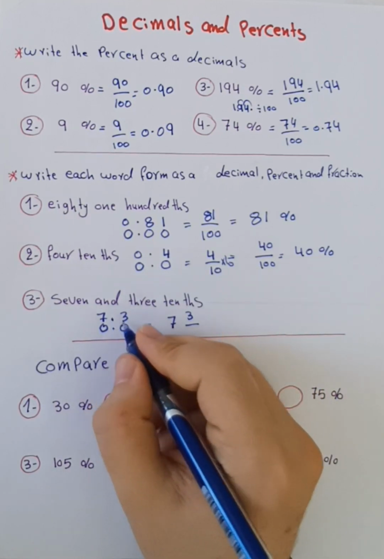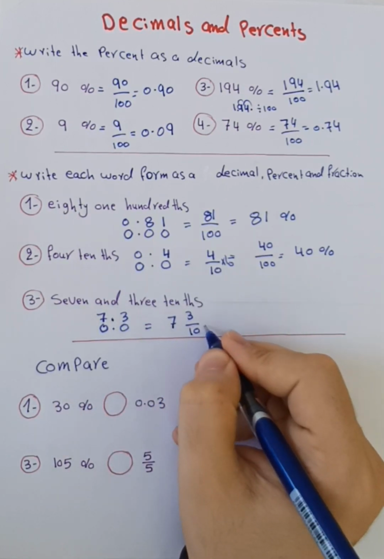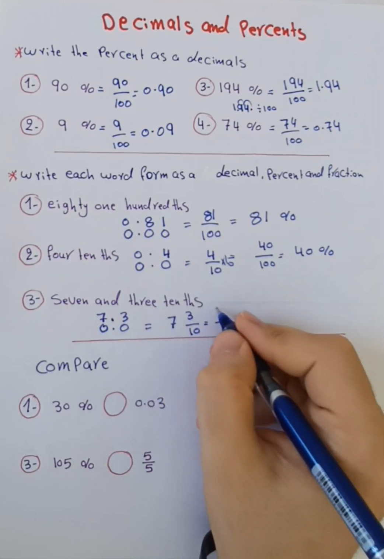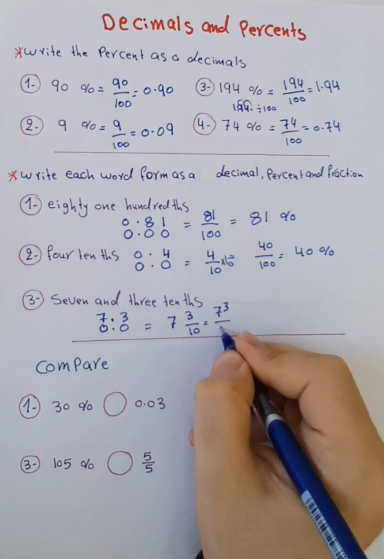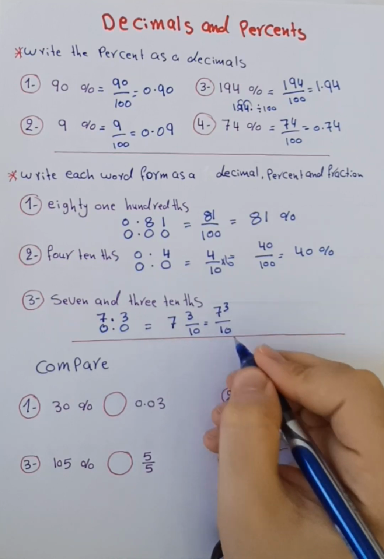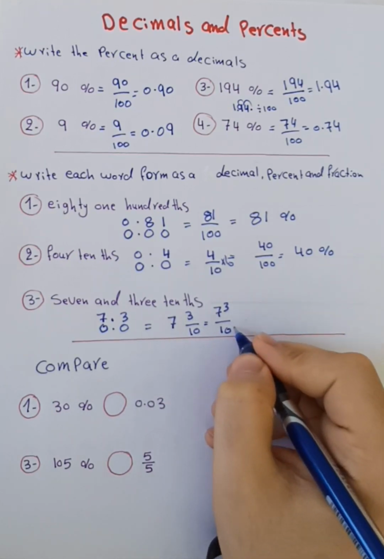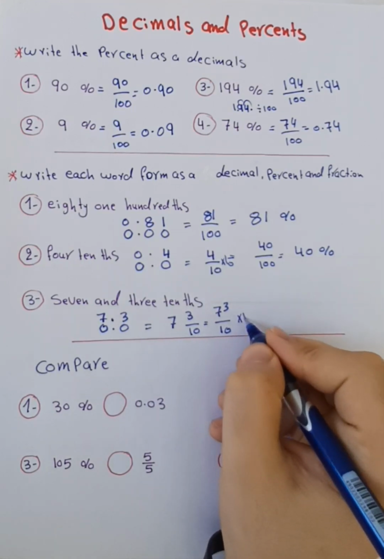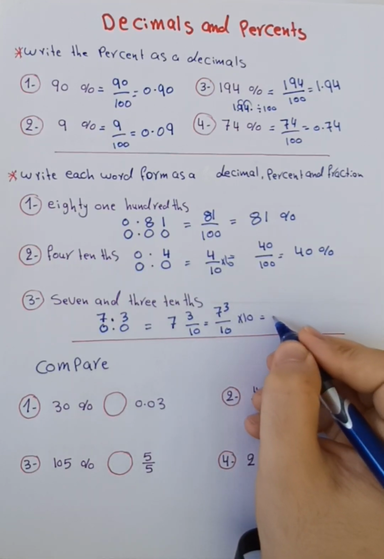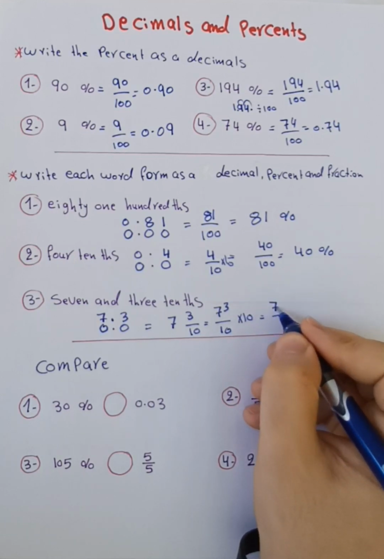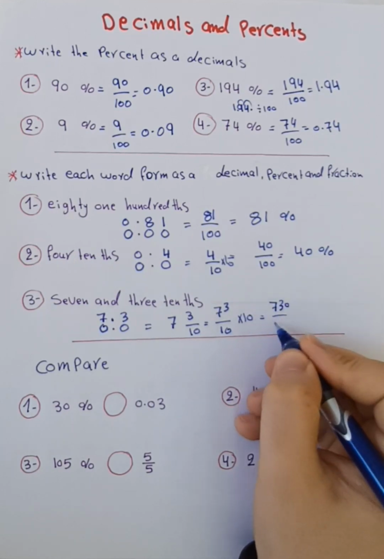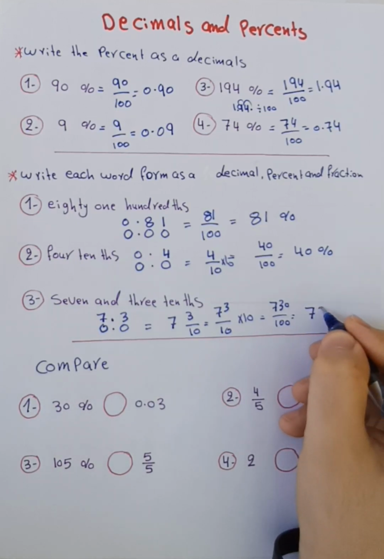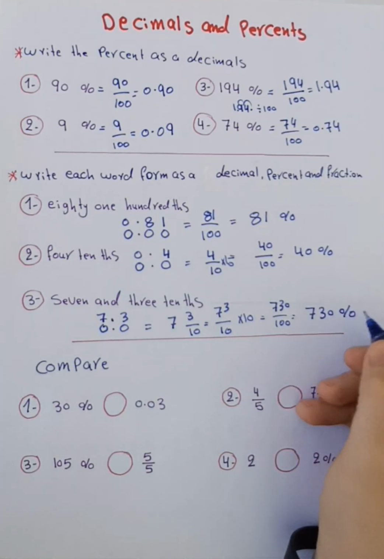After this point, we have one number, so we have to write 10. This is a mixed number. The fraction form: 7 times 10 is 70 plus 3, 73 out of 10. And the percent form, you have to multiply this fraction by 10. 10 times 73 equals 730 out of 100. So equal to 730%.